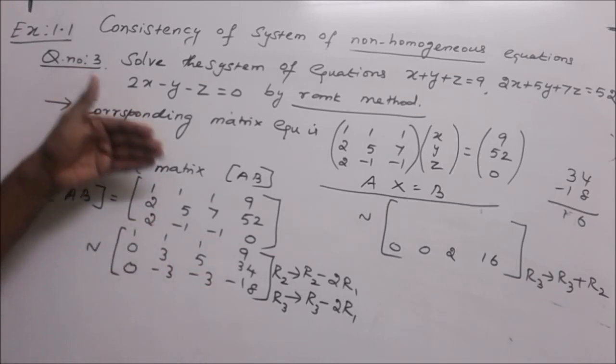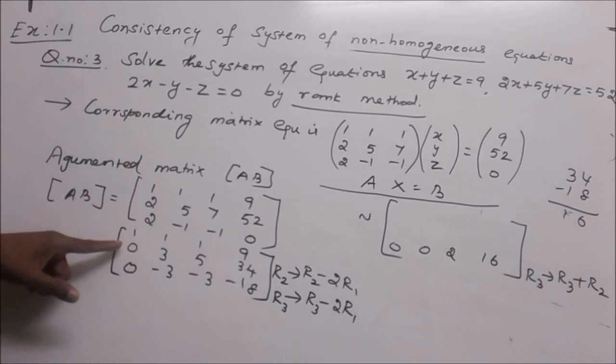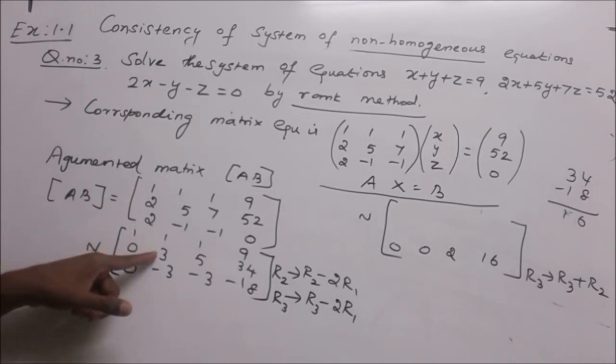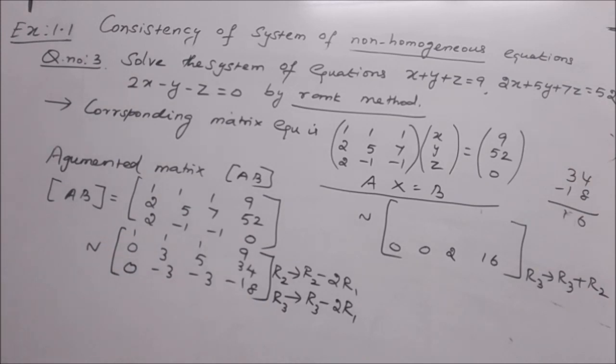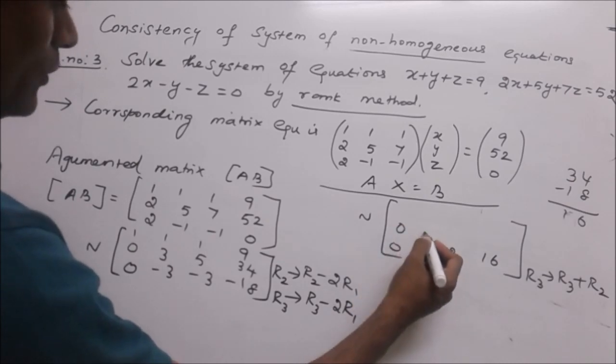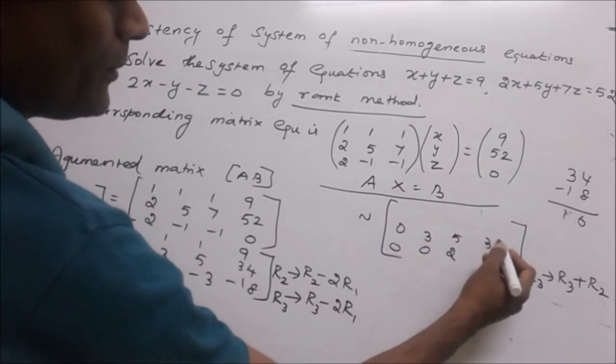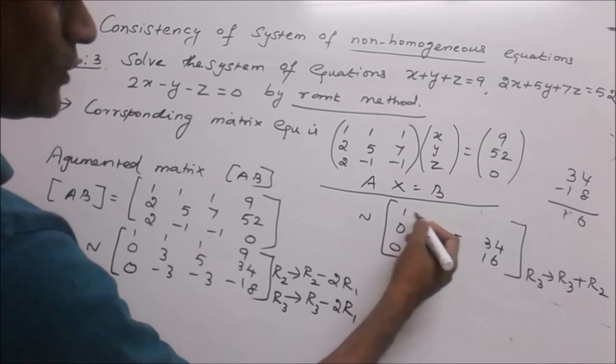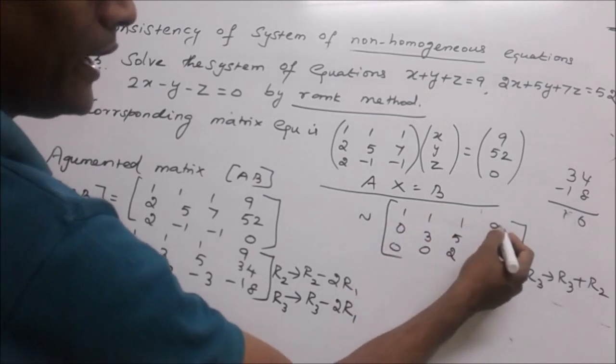When subtracted from R2, this element becomes minus 3 and this one becomes 0. But already I told you, the echelon form should not be affected. So you can leave the second row as it is, 0, 3, 5, 34, and no changes in the first row, 1, 1, 1, 9.